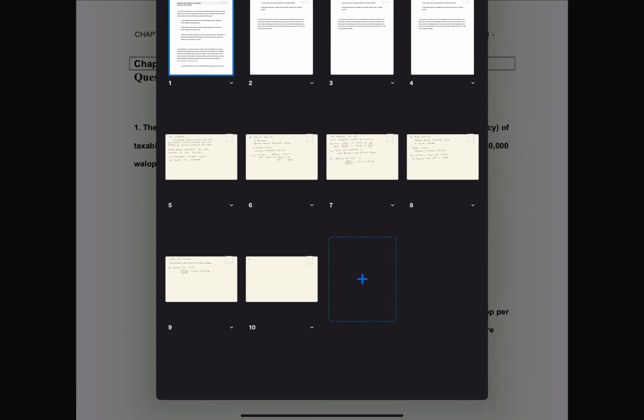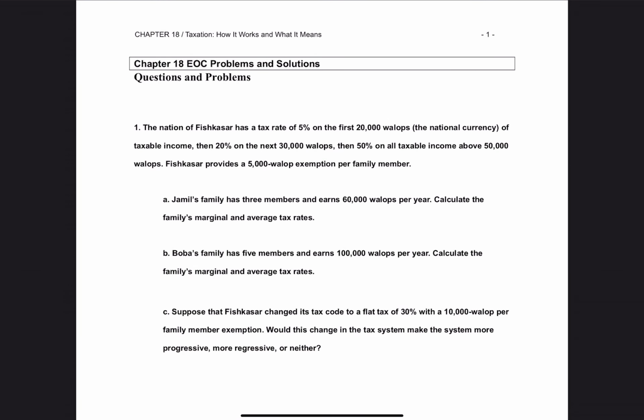This brings us to sub-exercise C. In sub-exercise C, we have a sudden change in the tax code in that instead of having a tax schedule where for different levels of income you pay different taxes, you have a flat tax of 30%, which means that you have a linear tax, which is the same independent of how much the individuals are earning.